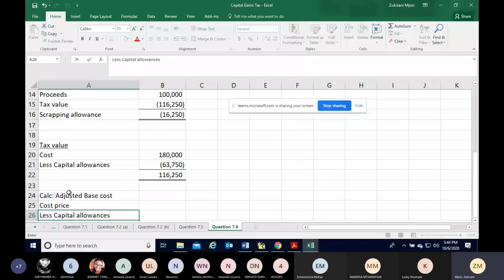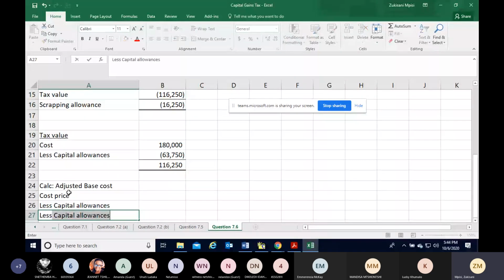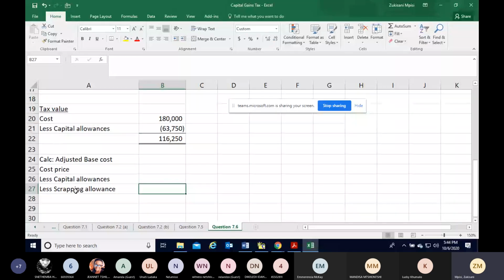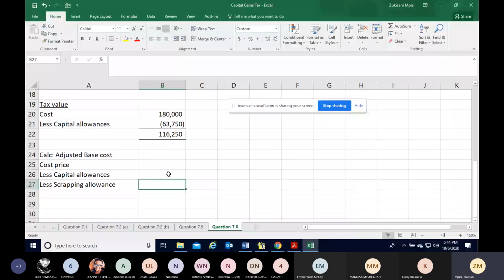Now we're going to learn a new one, less scrapping allowance. Remember, we have dealt with the scrapping allowance in learning unit 6, which also forms part of the allowances that you can claim.